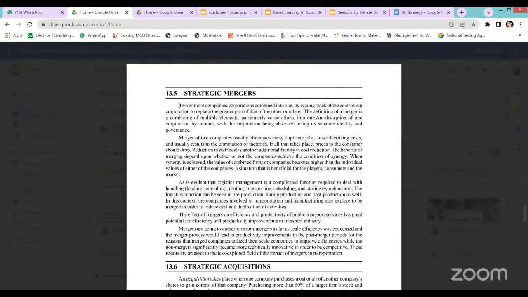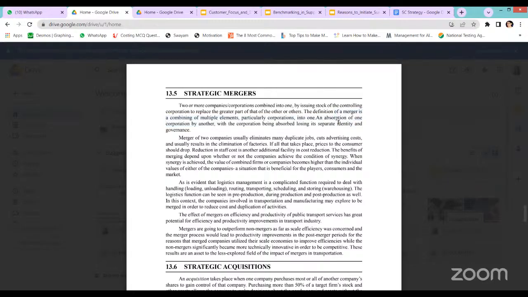Strategic mergers. What is a merger? Two or more companies or corporations combine into one. Merging means they merge into one, form a new entity, and start working together. A merger is a combination of multiple elements, particularly corporations, into one.